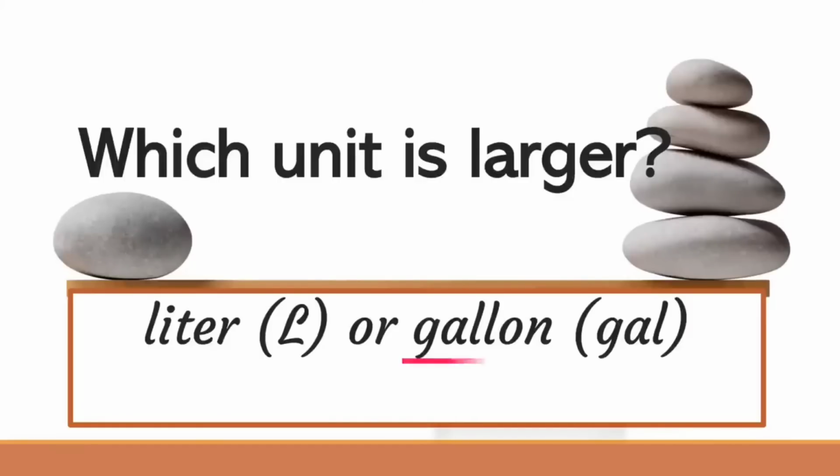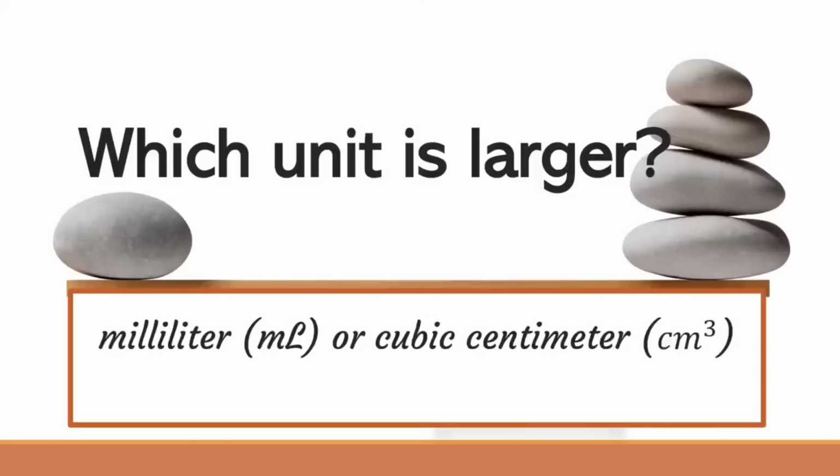So the larger unit is gallon, since 1 gallon is approximately 4.55 liters. And for the last one, which one is larger? Is it a milliliter or a cubic centimeter? The answer here is none, because 1 milliliter is equal to 1 cubic centimeter.